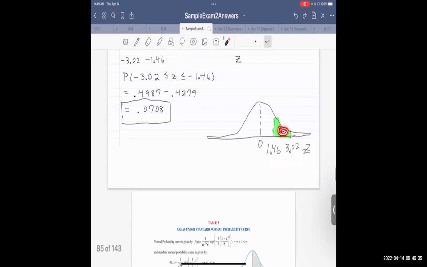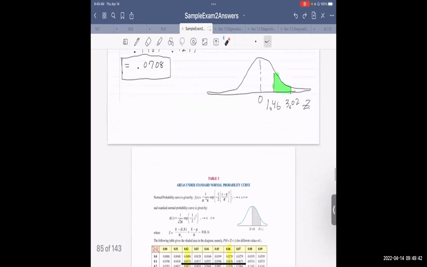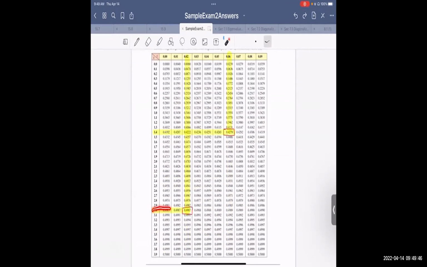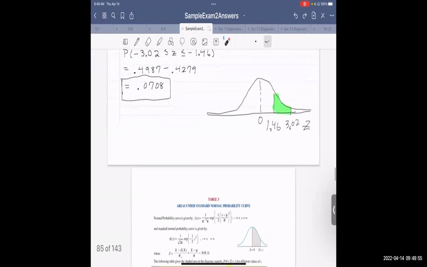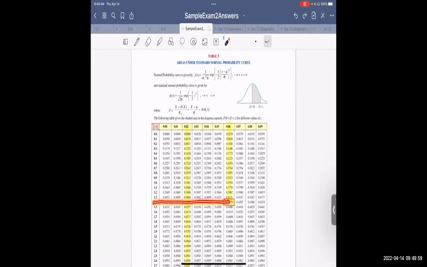This area will be the same as the area we want to determine. And so let's look at 3.02. 3.02 is 0.4987. And let's also look at 1.46. And so I look here at 1.46 and I get 0.4279.